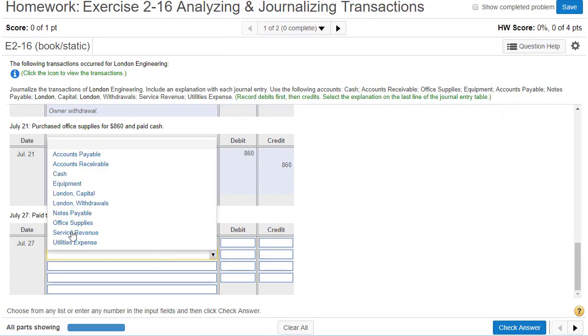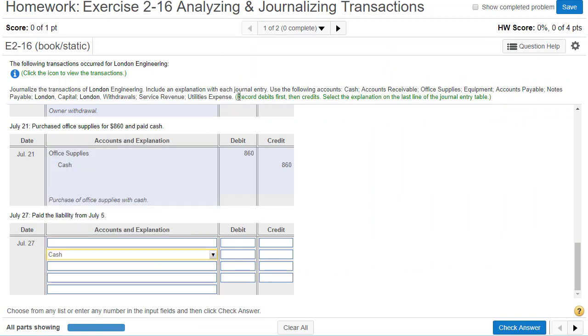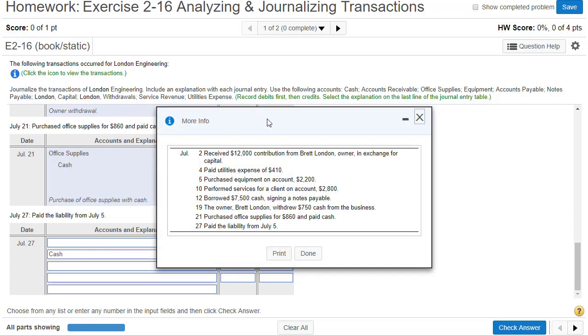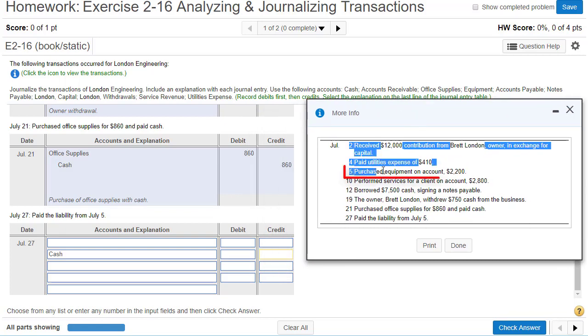So we have to list that second because debits are listed first, then credits. So our cash is going down, and then I already forgot the number. So let's look back on the July 5th transaction. So we owed $2,200. So we're paying $2,200.